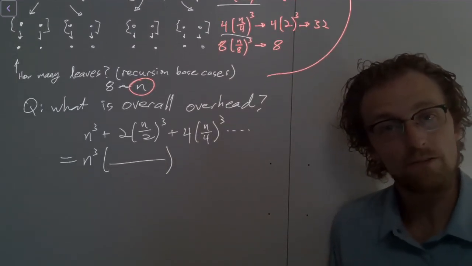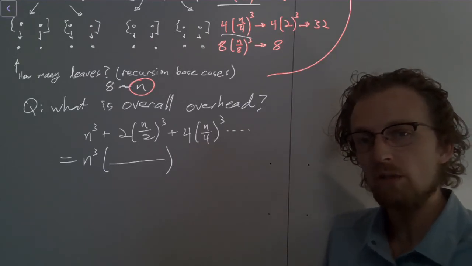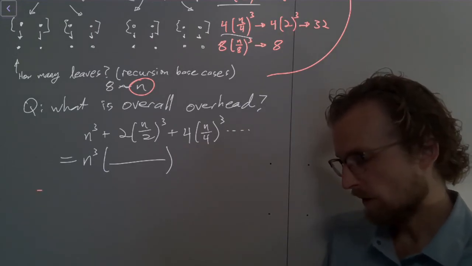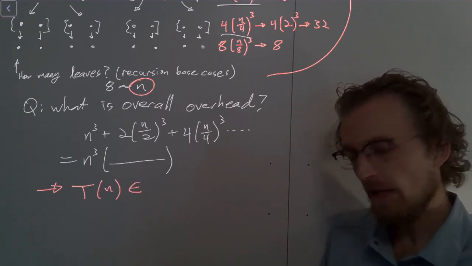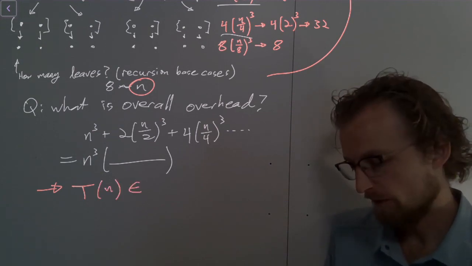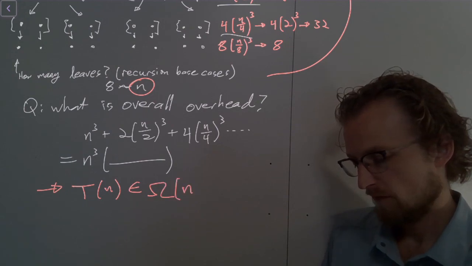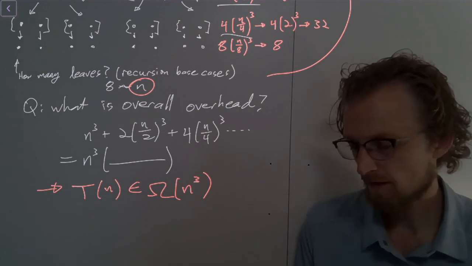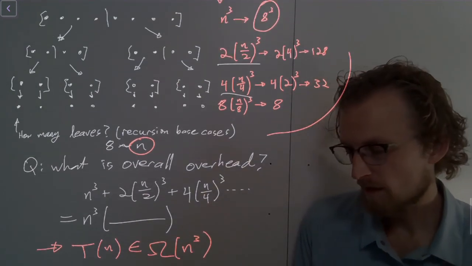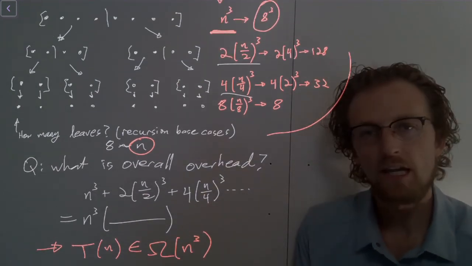I have not done enough analysis to tell us exactly what the complexity class is of this thing, but what this tells us is that T of n is in big omega of n cubed. No matter how good T of n is, we still are stuck with this n cubed.